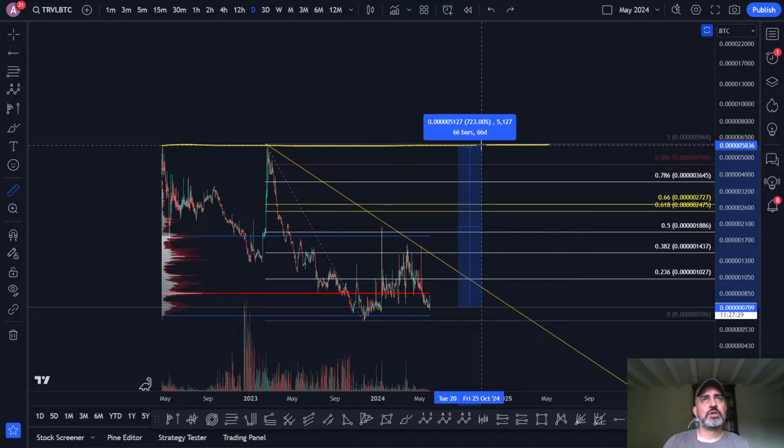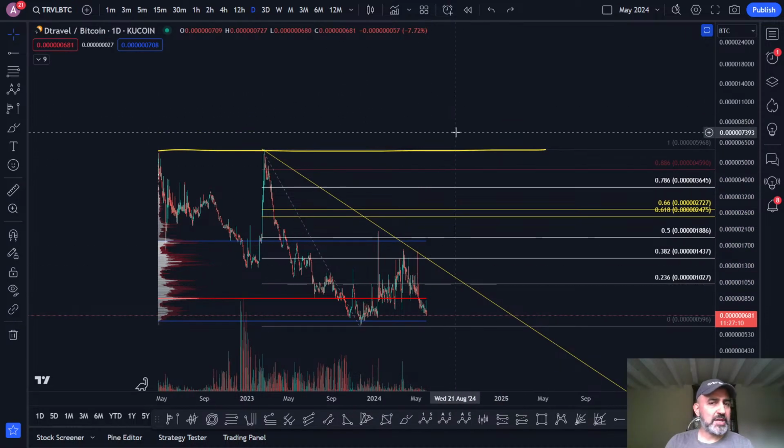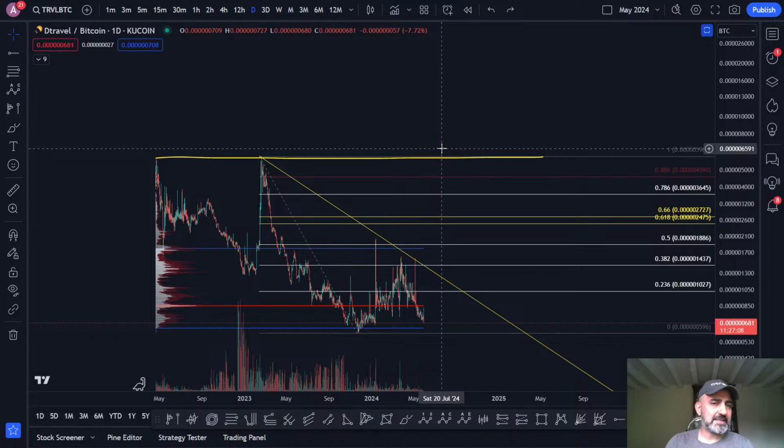It's not that much. Against USDT, from the all-time low at 1.9 cents, we went to 12 cents. That was just over a 6x, slightly above a 600% increase in value. We did that against USDT. If we do the same against Bitcoin, we'll be at all-time highs against Bitcoin.